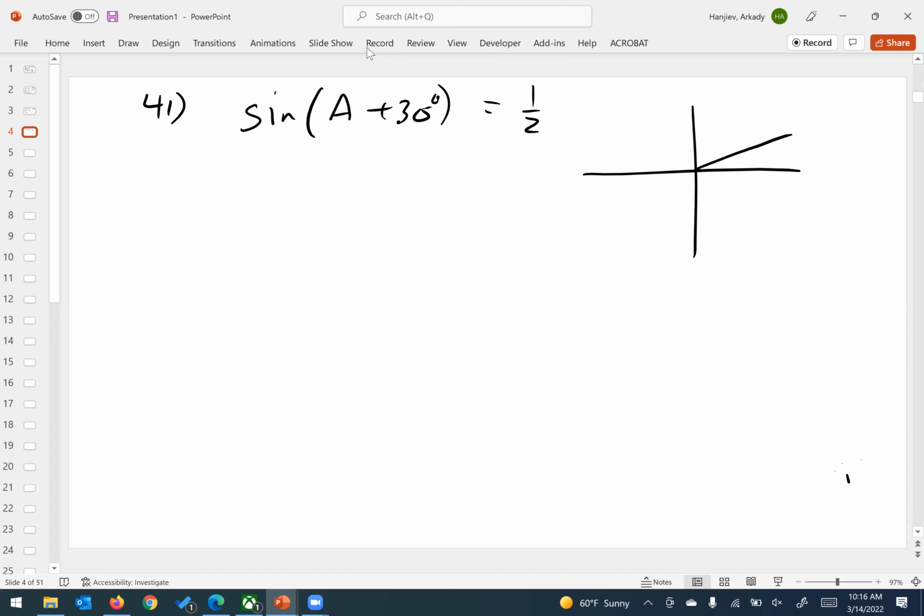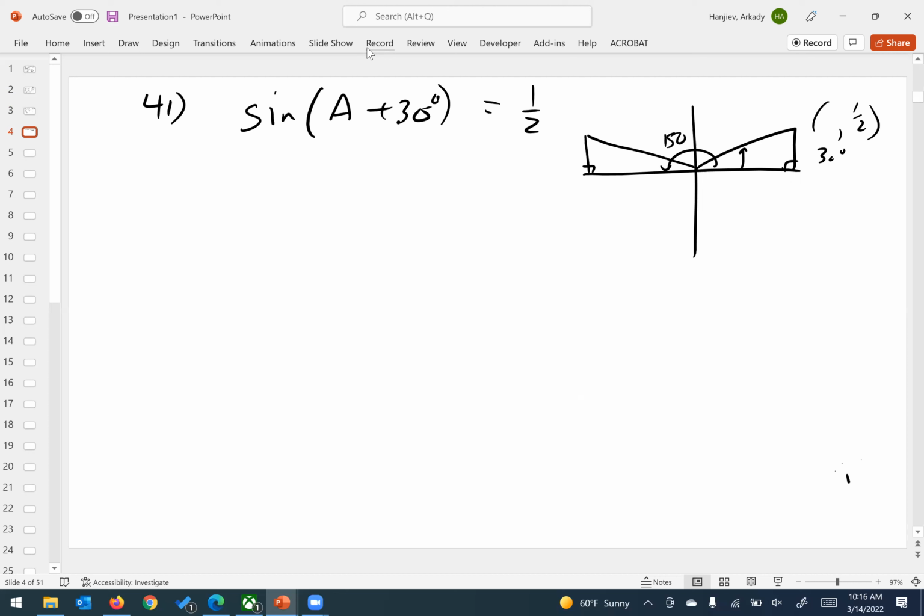And notice the angle itself actually has a rotation to it. So here we get a 1/2 at 30 degrees, and then 150, I believe. Yeah, 150 is the other one. Oh, I know where I said 120. It is 150.